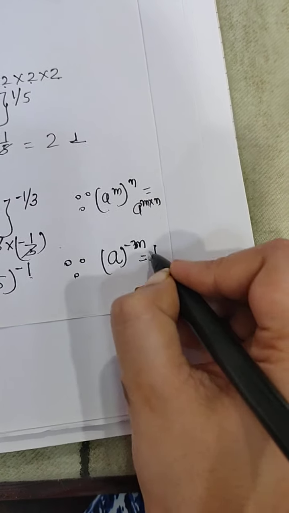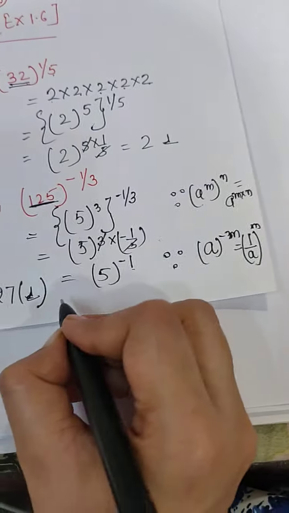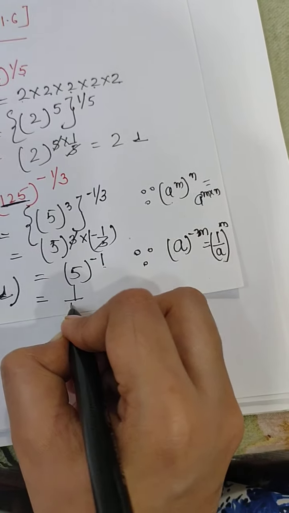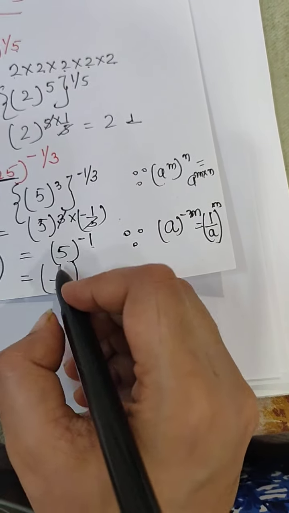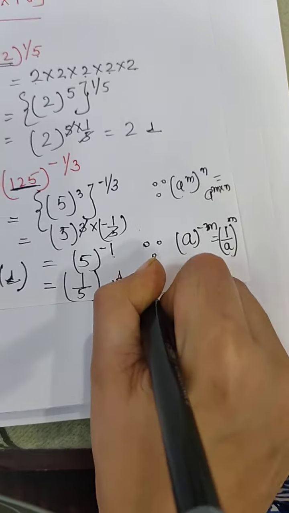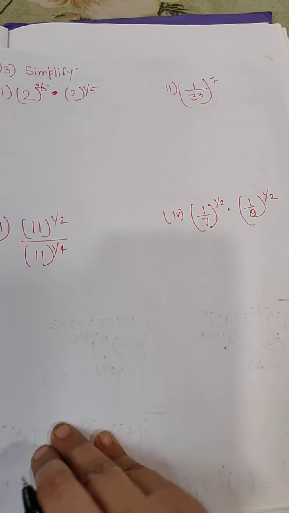So it will be equal to 1 upon a raised to the power m. So it will be 1 upon 5 raised to the power 1. We will not write 1 in the exponent. So the answer is 1 upon 5. Clear?